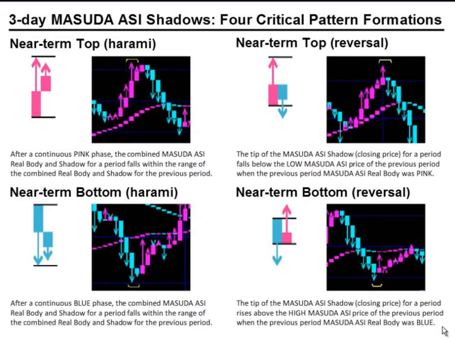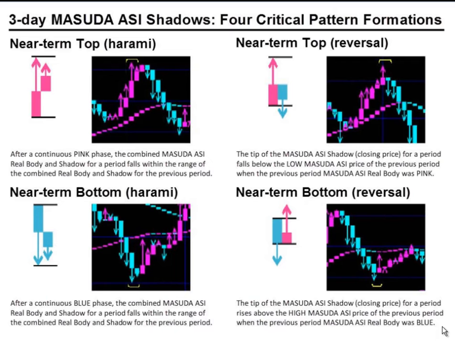These are critical turning points in the overall context of reading charts, and should be particularly helpful in determining good entry points and exit points, a little along the lines of some of the earlier lessons where we looked at the relationship between the short-term and the medium-term Masuda Ashi line.